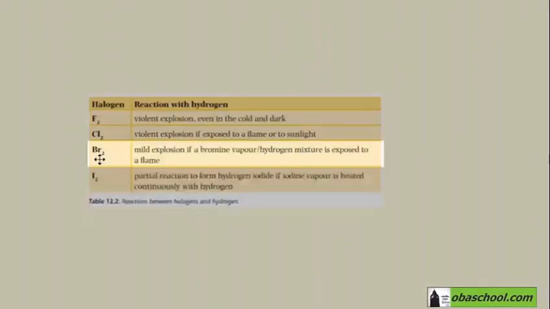Okay? Bromine gives a mild explosion if a bromine vapor and hydrogen mixture is exposed to a flame. The reaction will form a mild explosion if this mixture of bromine vapor with hydrogen is exposed to a flame.